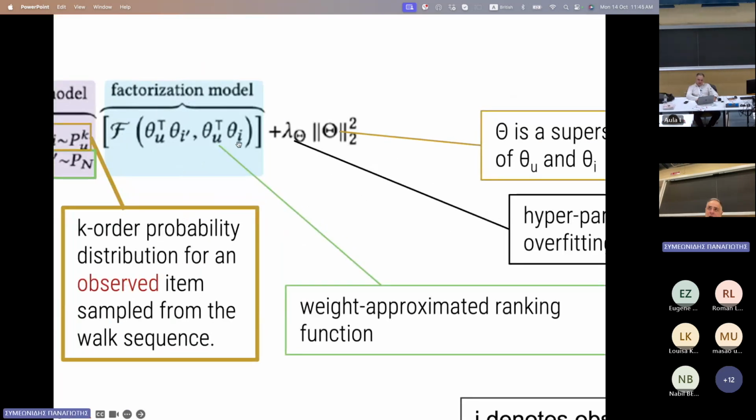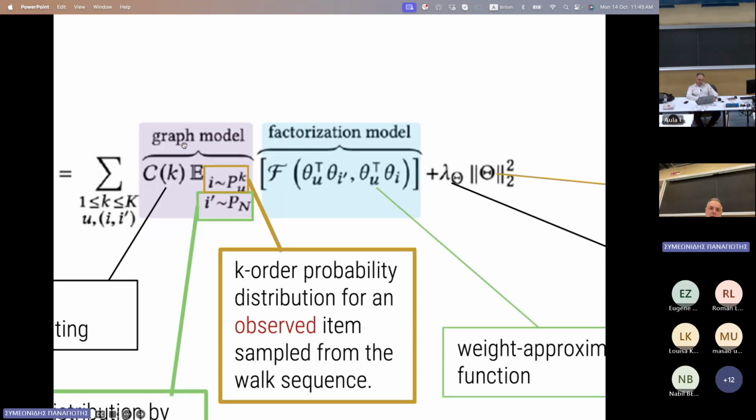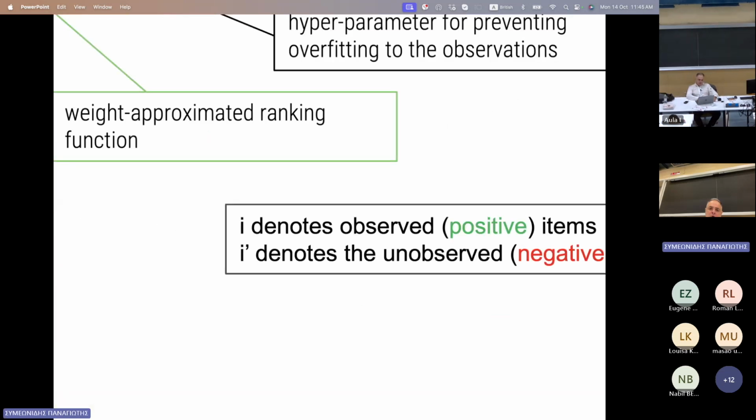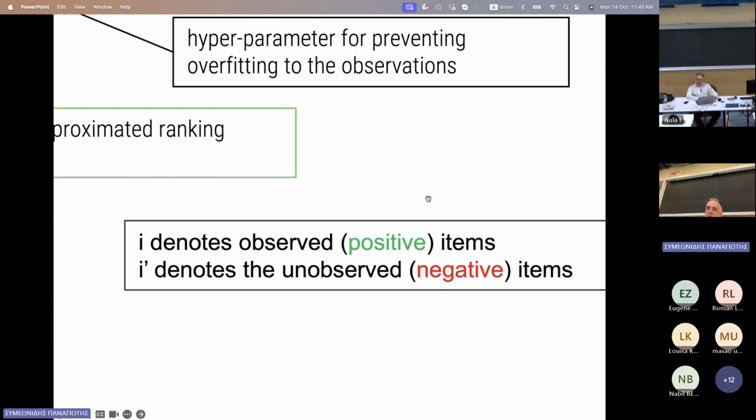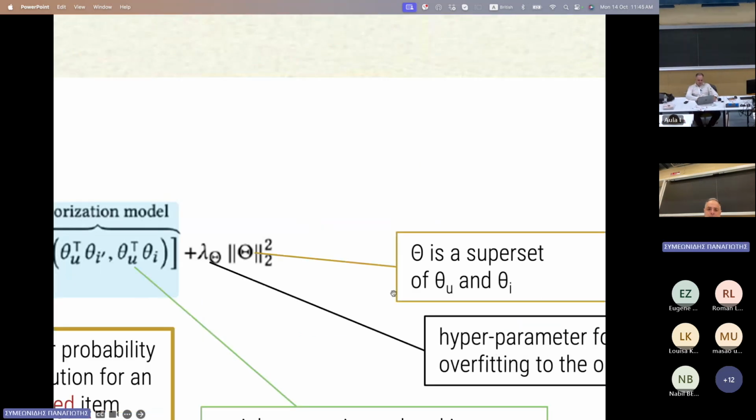In this equation, i denotes the observed positive items, whereas i prime denotes the unobserved negative items. So interactions that never existed, and we randomly sample them to use for training our network.